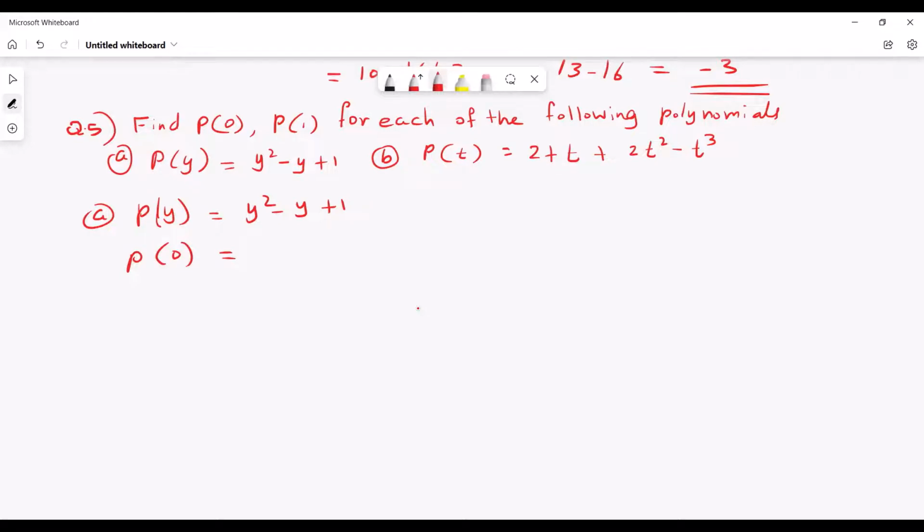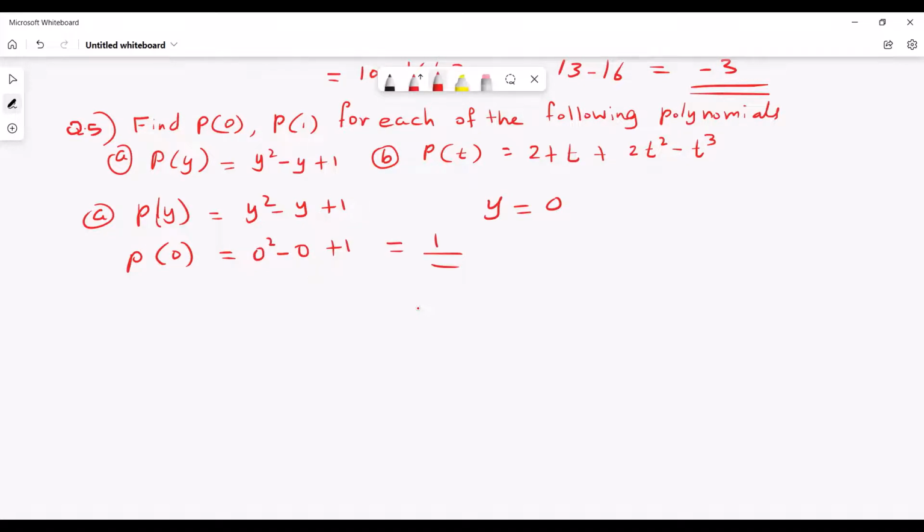So P of y becomes P of 0. It means that y is equal to 0 here. So instead of y, you replace y with 0. So y square becomes 0 square and y becomes 0, then plus 1. So the answer is 1.